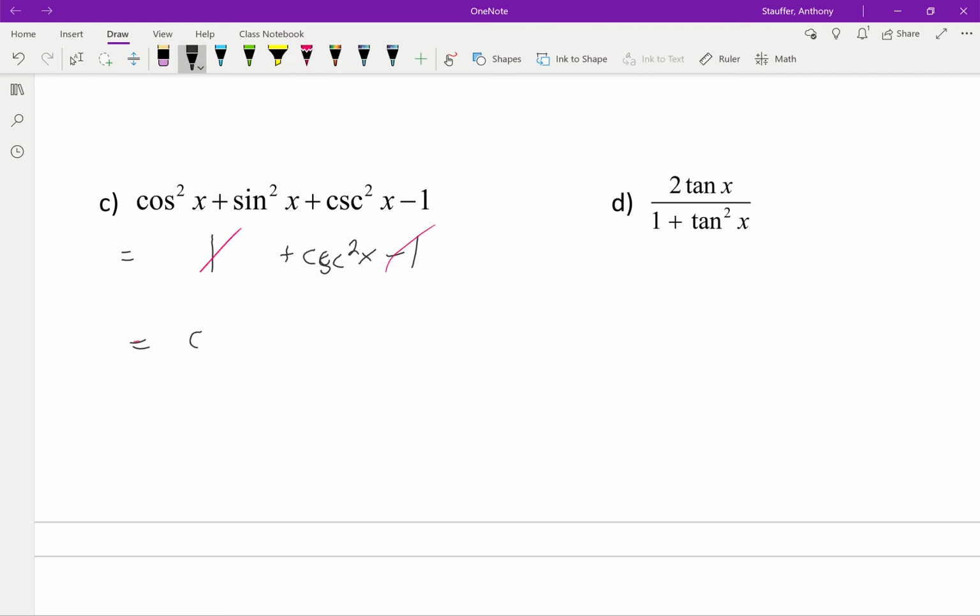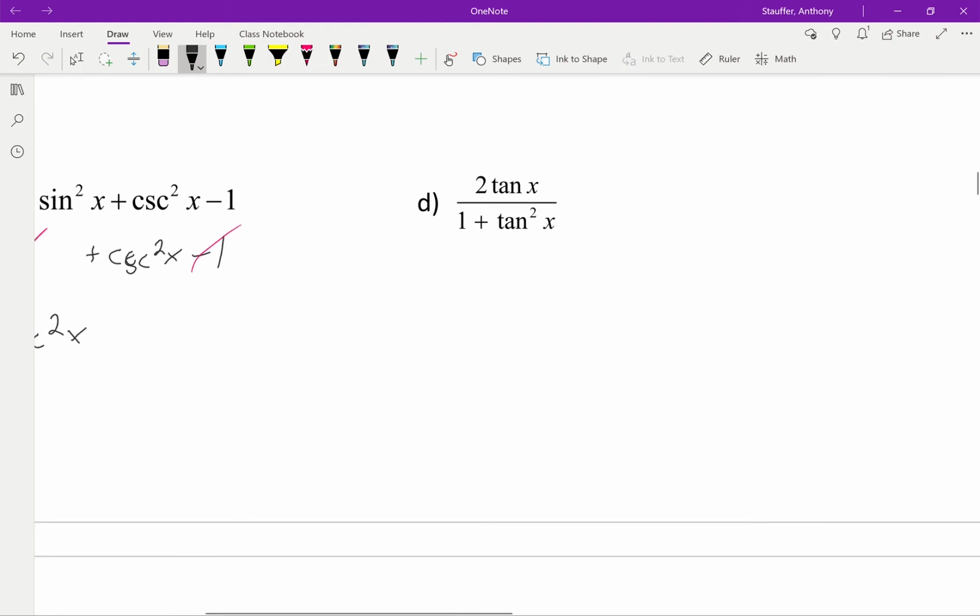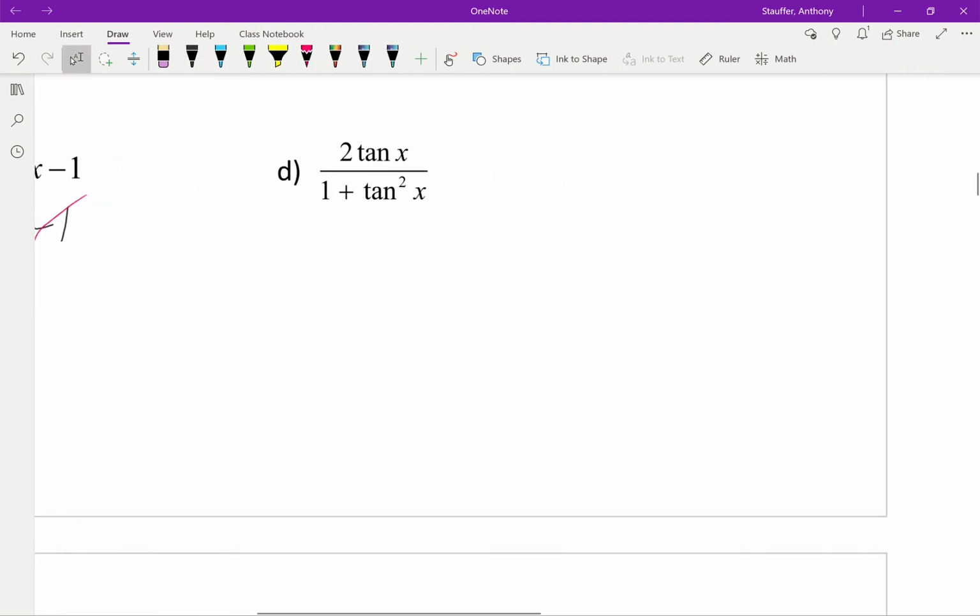Next up, we have 2 tan x all over 1 plus tan squared x. Now this one's going to take a little bit more time to get through, but we start and I go, well, it equals 2 tan x, and I look at 1 plus tan squared x, and 1 plus tan squared x is equal to sec squared x.